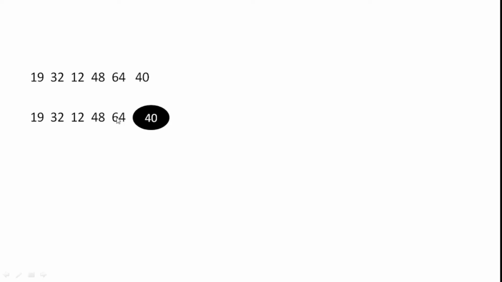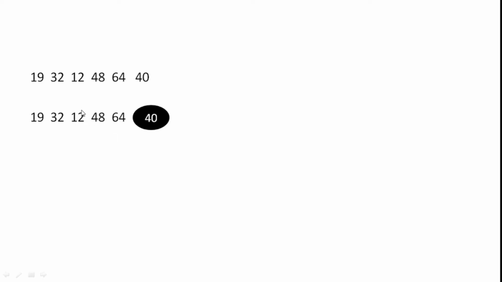When we reach this part, we have to exchange the values at i plus 1 and the pivot. i was at 12, since we got 48 and did not increment it because 48 was greater than 40.